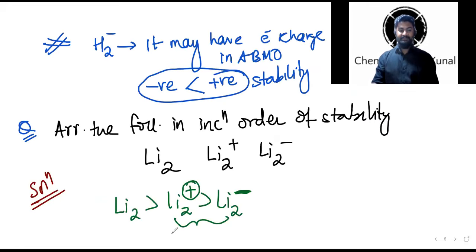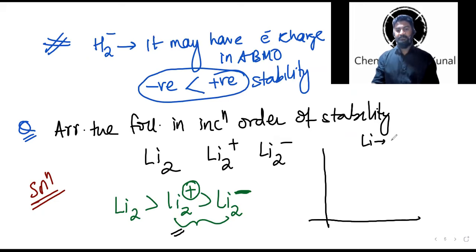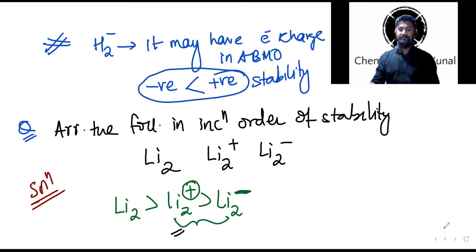Now, if you want to see the detailed explanation of this one, I can just draw one for you. For example, let me draw for Li2 plus 1. So what is lithium's configuration? The detailed descriptive answer would be, see, lithium has 3 electrons. So 1s2, 2s1.